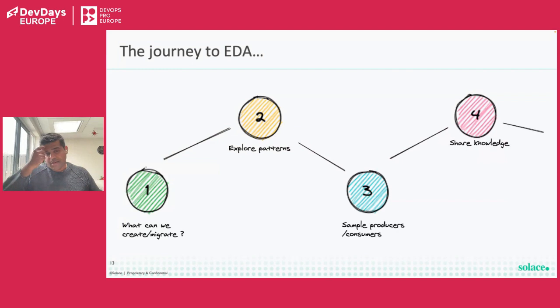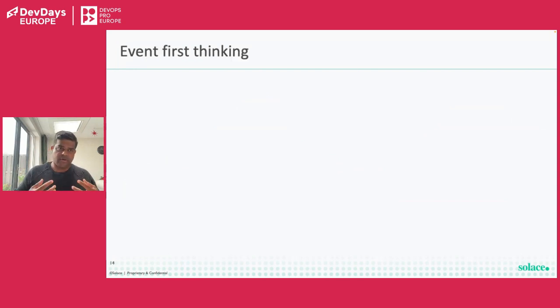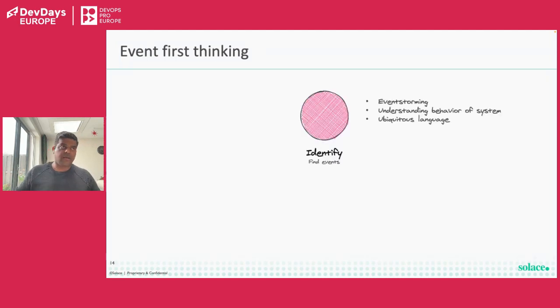Right? Now, when we started saying that, okay, what we identify, what we create or migrate, explore patterns, etc., how do we do that? We need to bring in an event first thinking. And how do we do that? We do what is called event storming. It's essentially you get all the stakeholders of a particular system or a domain in one room.